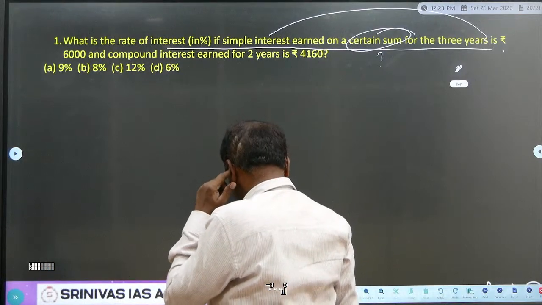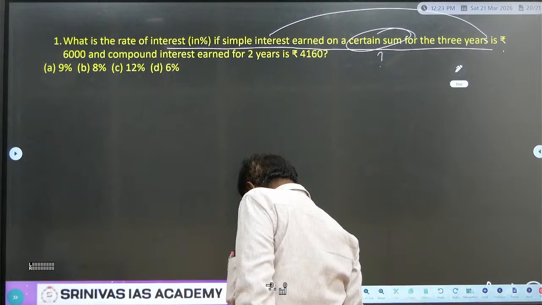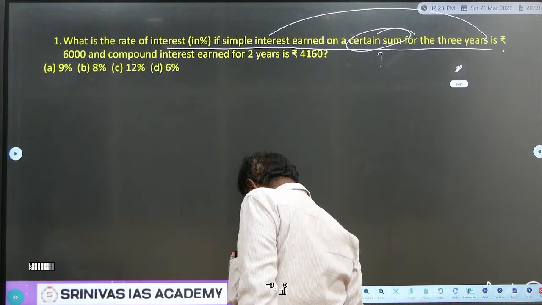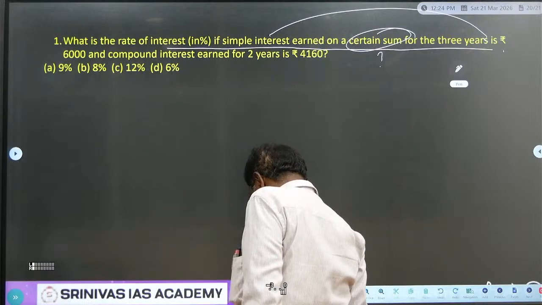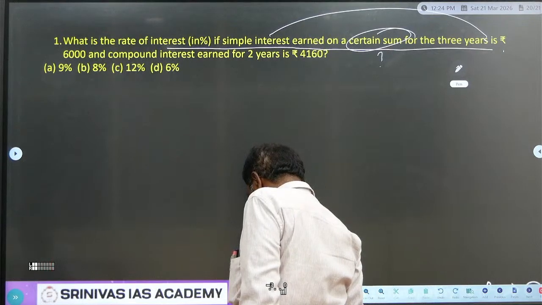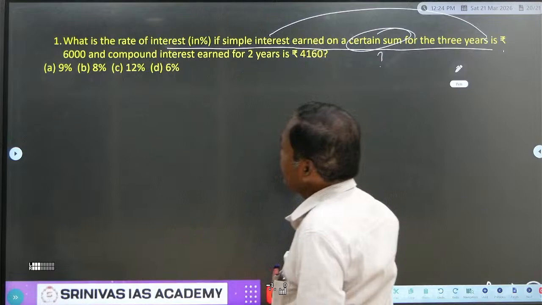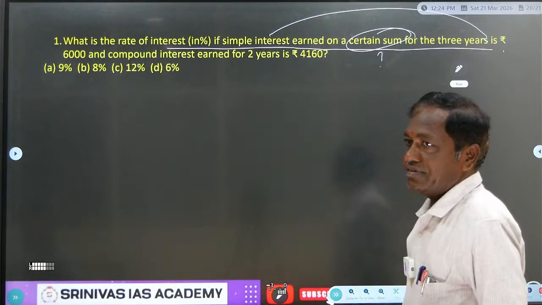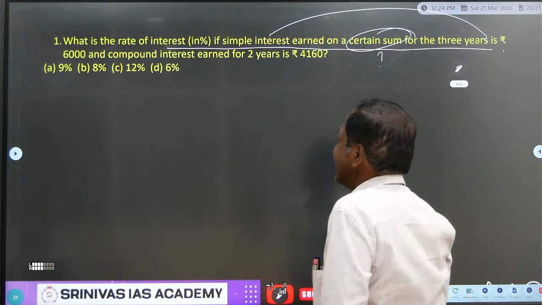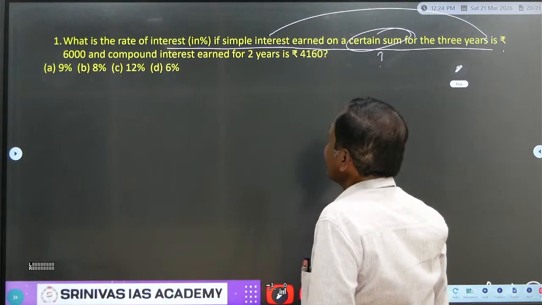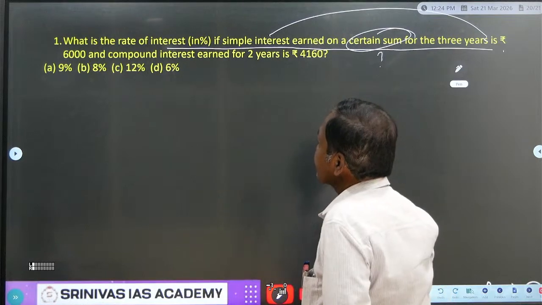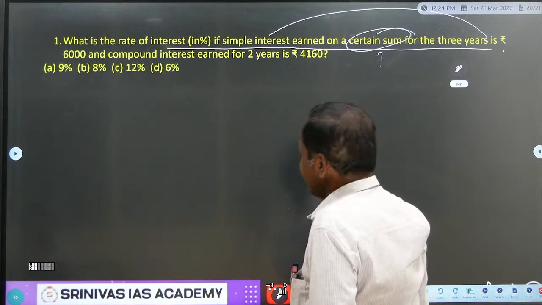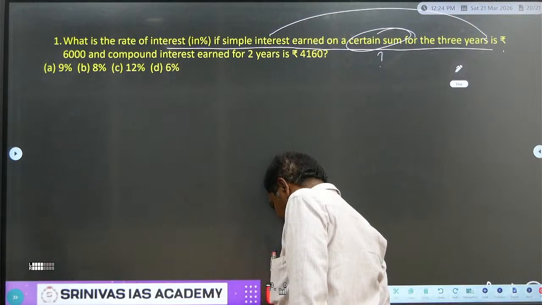First year is equal to first year. Someone did the calculation and said the answer is 8, so your answer is correct.